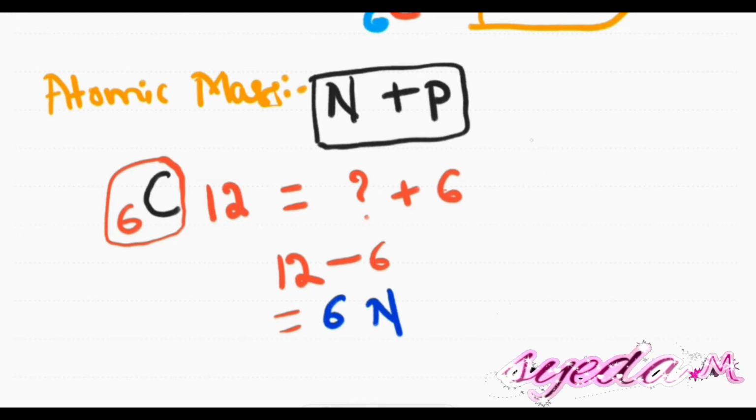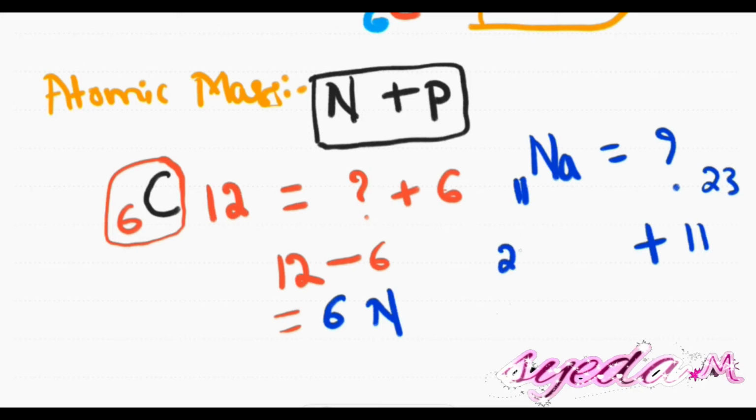Similarly, can you find the mass of sodium? Number of protons is 11, mass number we don't know. Number of neutrons, how many? If sodium is given as 11, you need to learn by heart the mass number of a few elements. In this case I will give you the mass of sodium, which is 23.